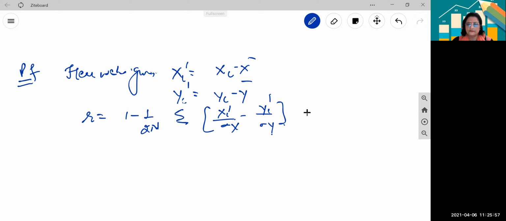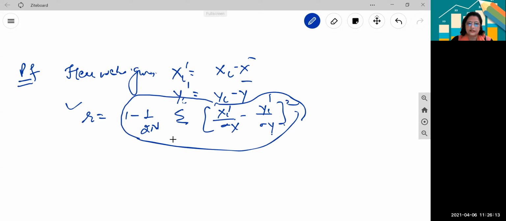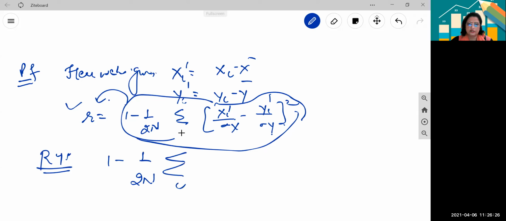This is given to us, right? This we have to prove. It means for r I have only the random variables x and y, and nothing to solve it further. It means I will solve this part, the deviations given, that is the right hand side part of the question, then we will prove that this is equal to r. So consider right hand side. So right hand side is 1 minus 1 by 2n summation, the variation is of i, xi dash upon sigma x minus yi dash upon sigma y, its whole square, right?